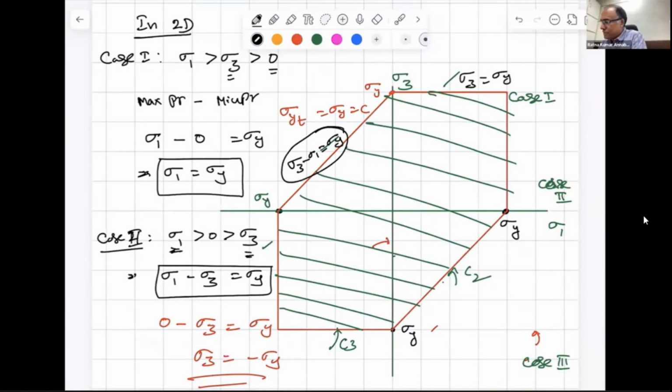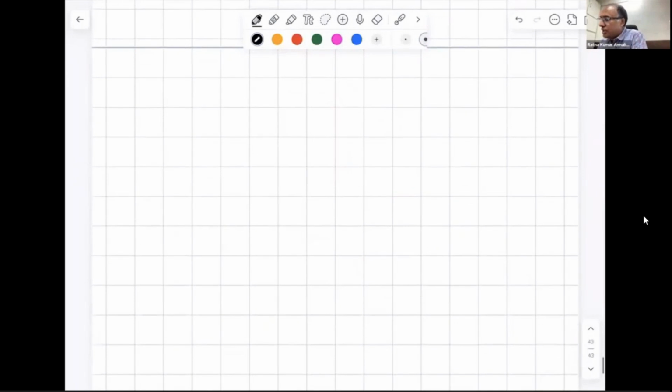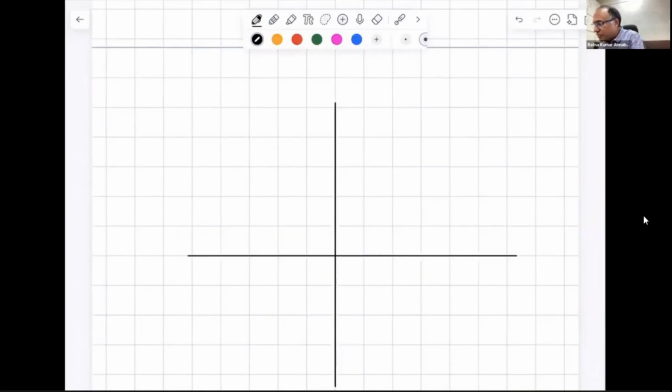So now let us try to carefully draw the failure surfaces for different failure theories. Let us say this is sigma 1, that is sigma 3, and let us identify sigma y: 1, 2, 3 units, 1, 2, 3 units, 1, 2, 3 units, 1, 2, 3 units.